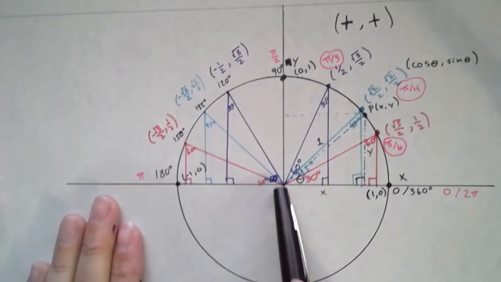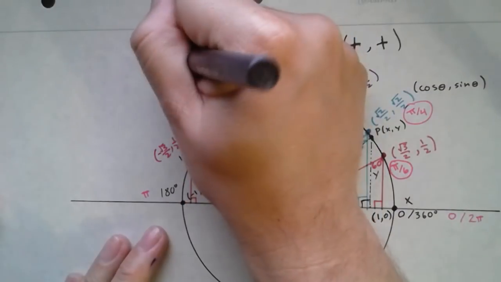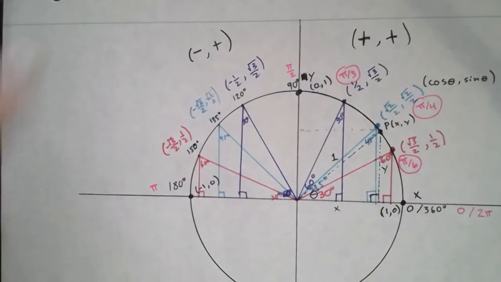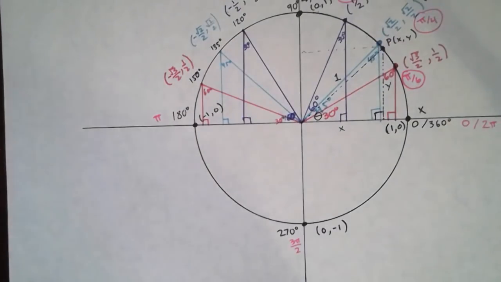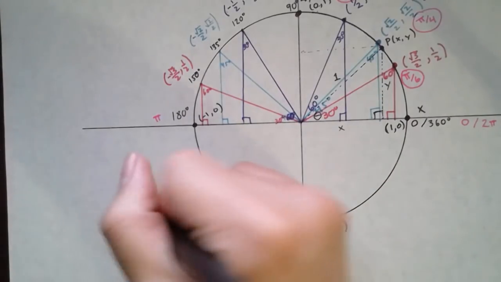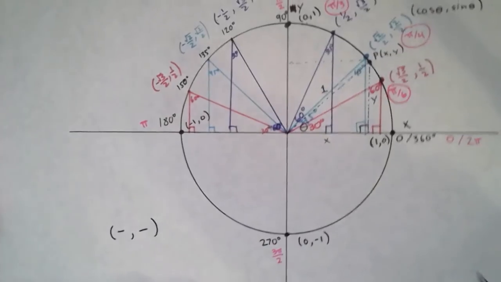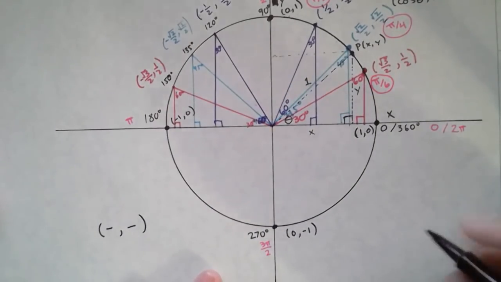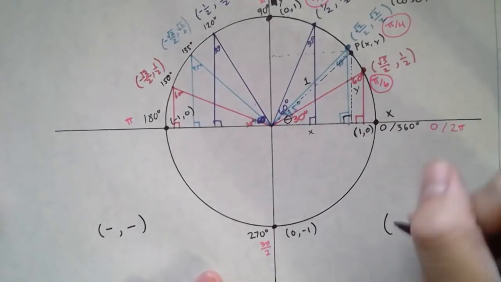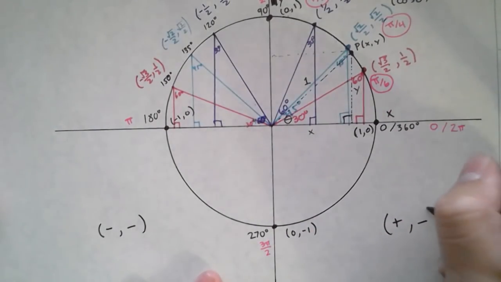Here you're in the negative x-axis and the positive y-axis. Okay, so then I have negative x values, but the y stay positive. Okay, well, in the third quadrant, I'm still in the negative x-axis, but now I'm in the negative y-axis. So these are going to both be negative. Okay, and then the fourth quadrant here, I have positive x-axis now, but I'm still in the negative y-axis, so these are going to be negative.